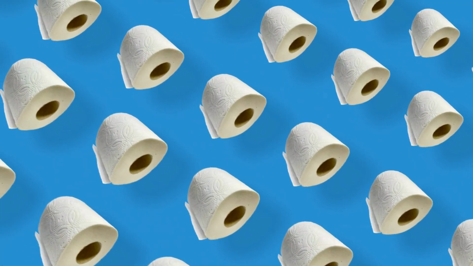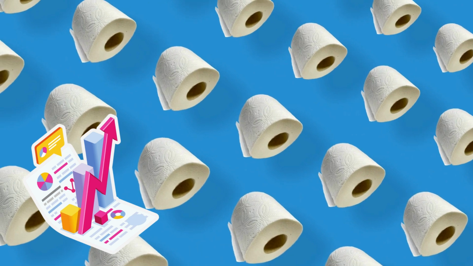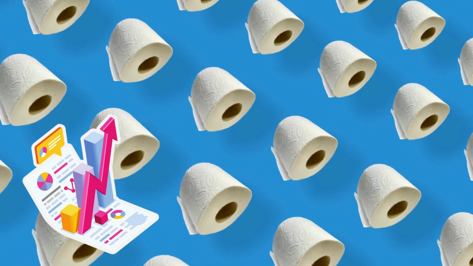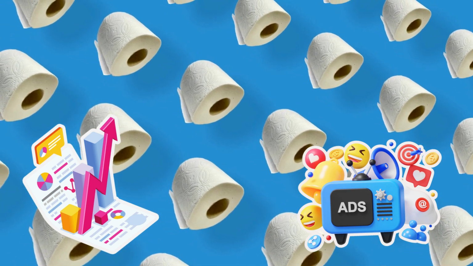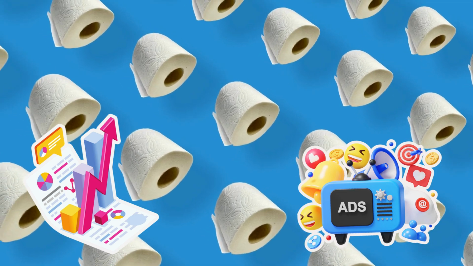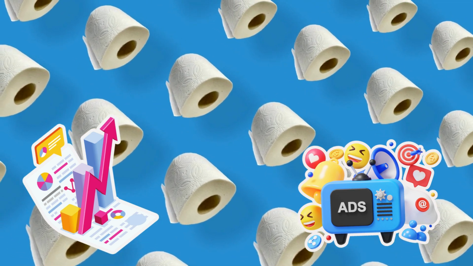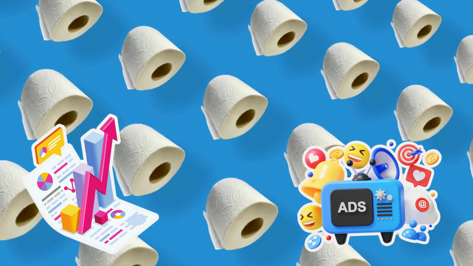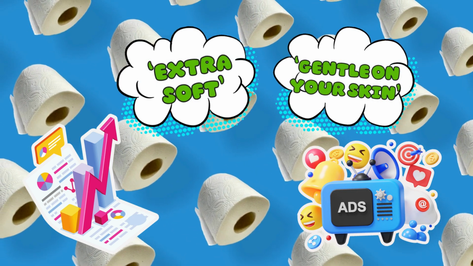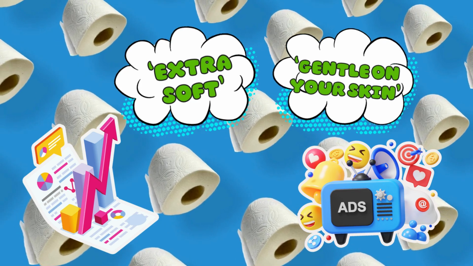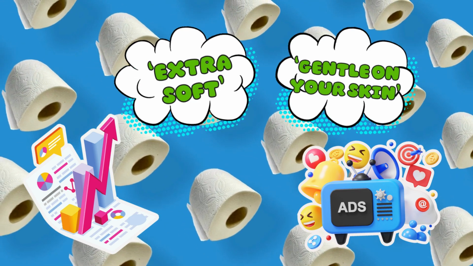Now, let's talk about the marketing side of this whole pattern game. We've all seen the ads, right? Fancy brand names touting their luxurious toilet paper with super intricate patterns, claiming they're extra soft and gentle on your skin. But is there more to it than just the feel?